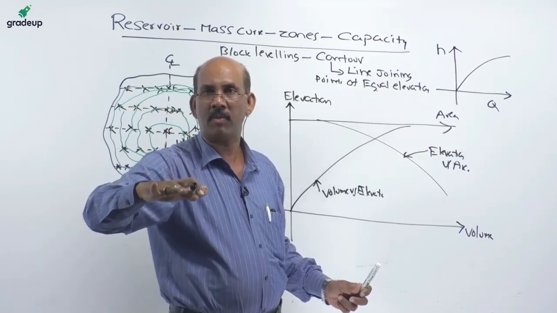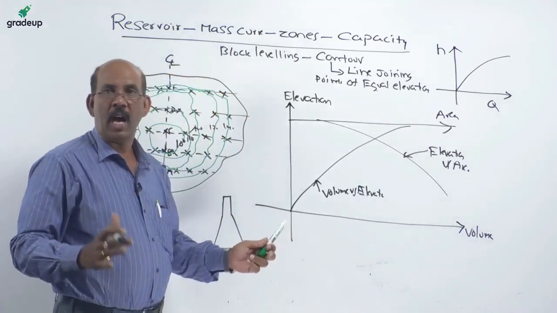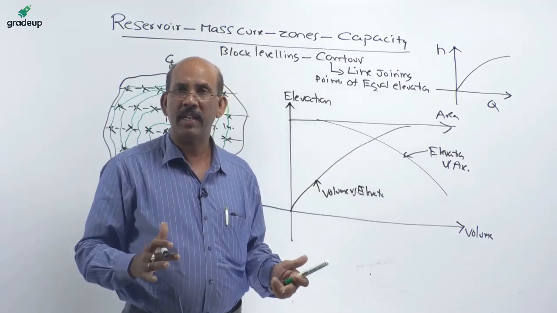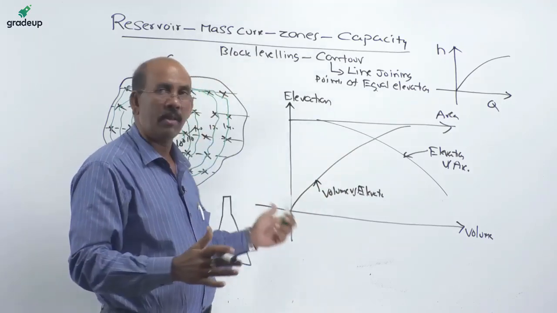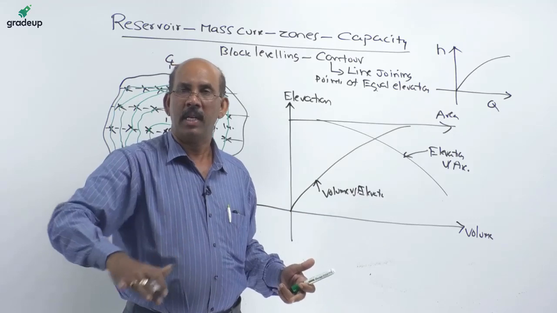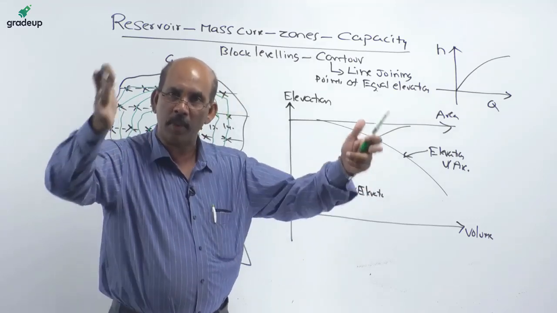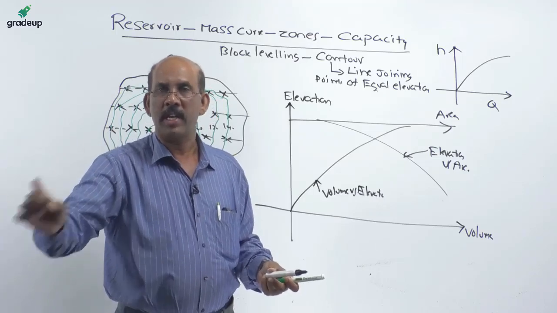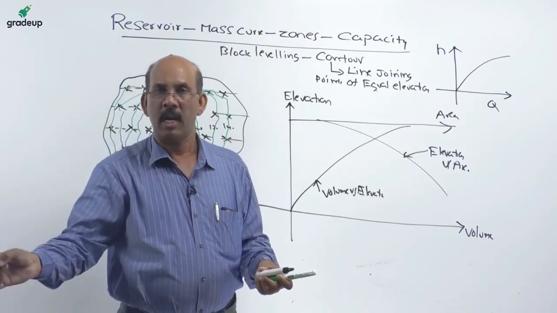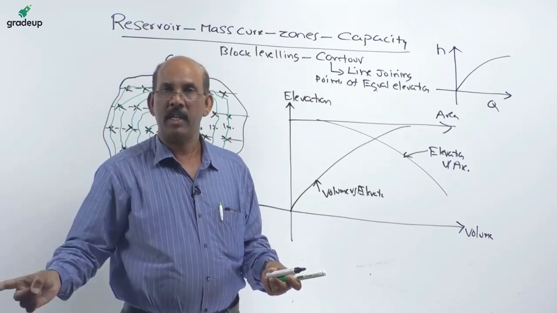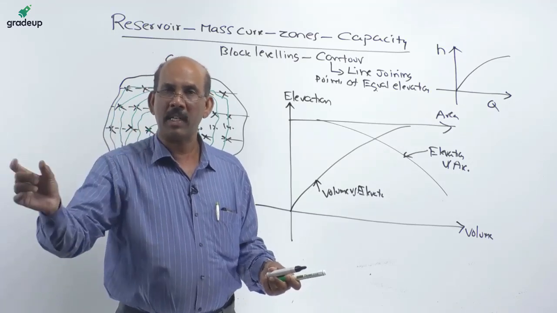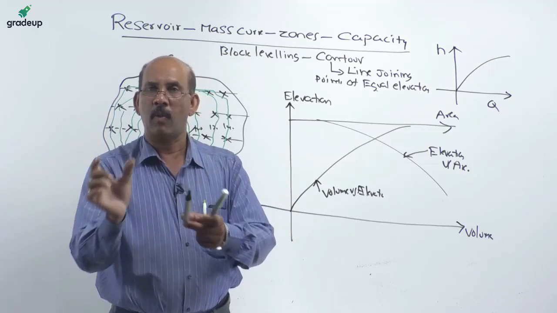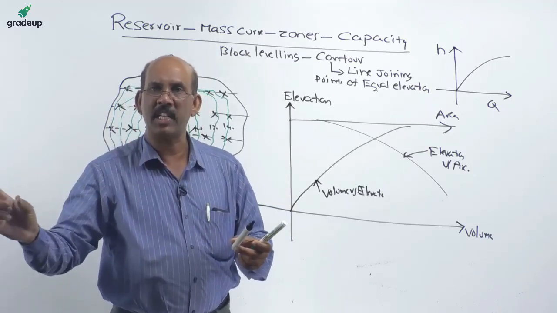We can know from this how much volume of water is required for our purpose where we are constructing the dam. At the dam site, how much water is to be stored? The amount of water that you are going to store is based on the demand, how much you require. You know the demand calculation by the irrigation requirements. Now, we know the volume of water required for the irrigation purpose.